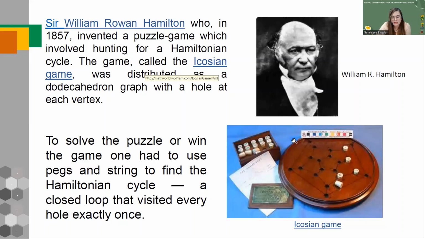The game was distributed as a dodecahedron graph with a hole at each vertex. A dodecahedron is like a cube that has 12 faces, each face a pentagon with 5 sides. If we make it a graph, it looks like a flattened face.